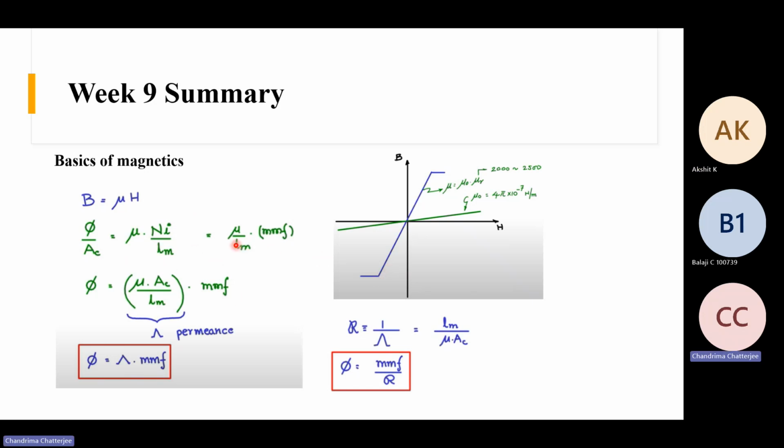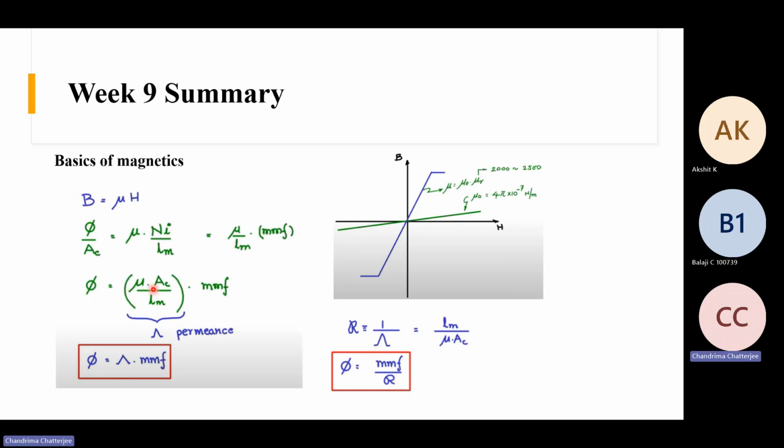And there are some other things as well. B is equal to mu H, which we already saw. And B is phi by Ac, the cross-sectional area of the core, equal to mu times H, which is Ni by Lm, so this is mu times mmf by Lm.